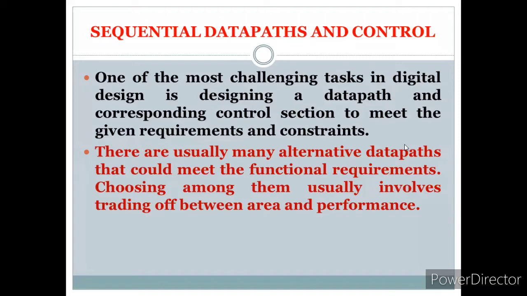If it is not met, then that particular model doesn't work properly. So the designer has to take care of designing a model which meets the requirement constraints. There are usually many alternative data paths that could meet the functional requirement, but choosing among them usually involves trading off between area and performance.